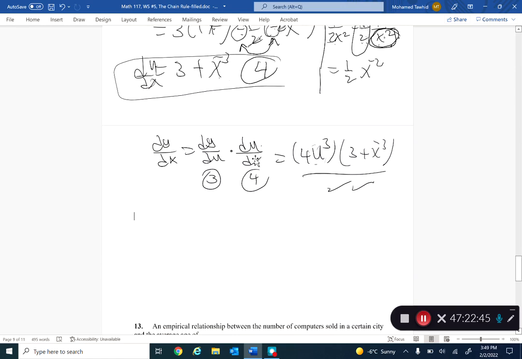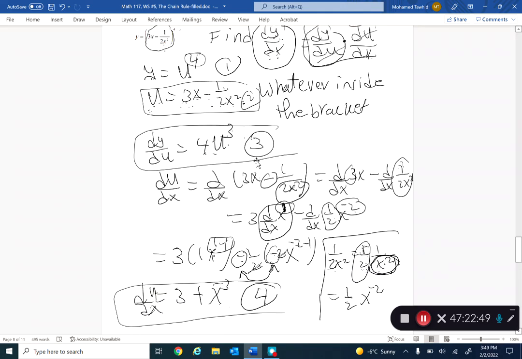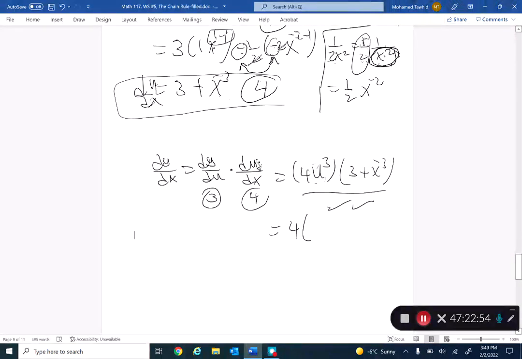So here I could write it as 4 times what is inside the bracket. Just copy from above: 3x minus 1 over 2x squared, to the power 3, because u comes from equation 2, and multiply by 3 plus x to the power negative 3. That is if they ask us to use the chain rule.